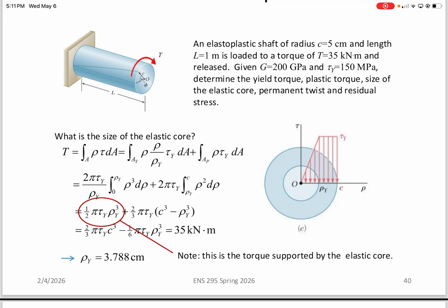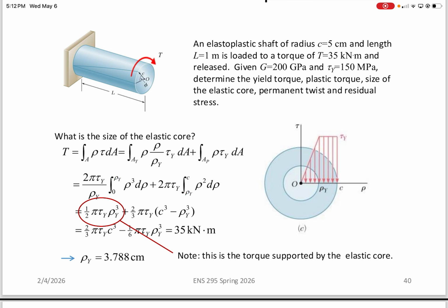The first part is the area underneath the curve for the linear elastic region, which is rho over rho y times tau y. That is just relating the ratio of the existing stress along some coordinate point to the total radial yield stress.